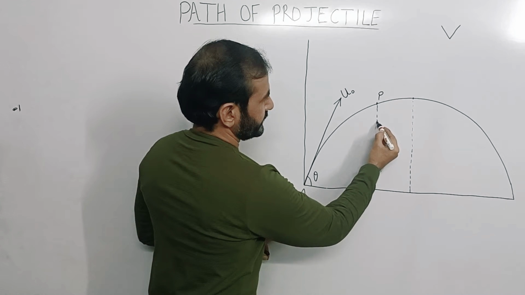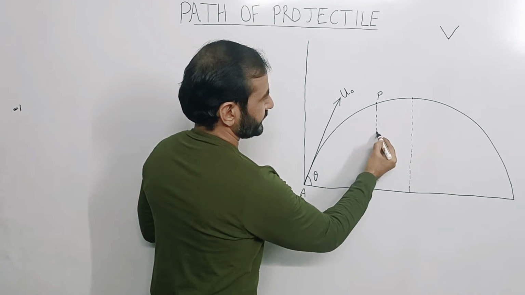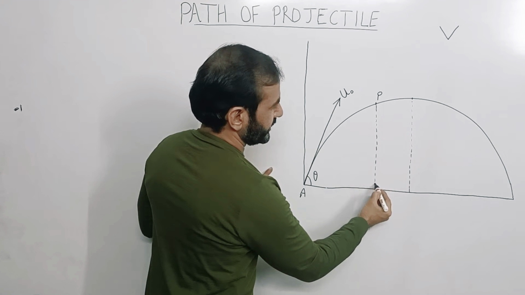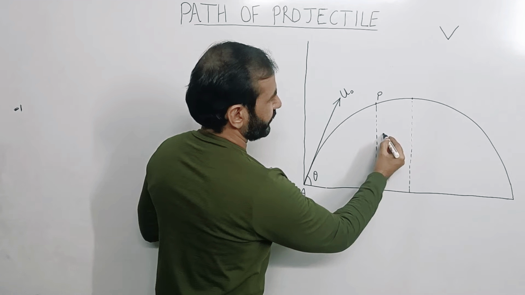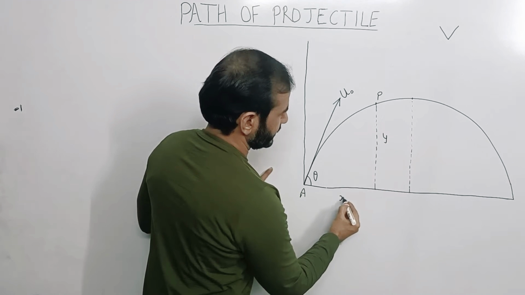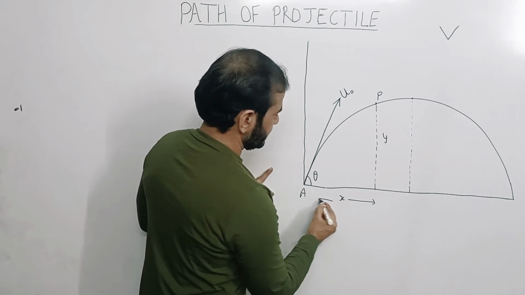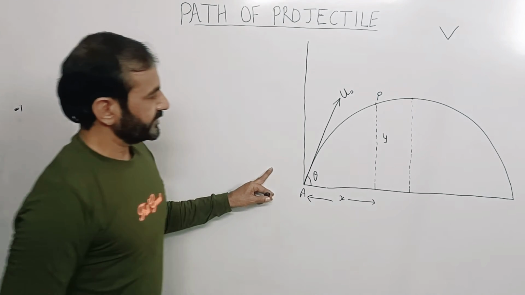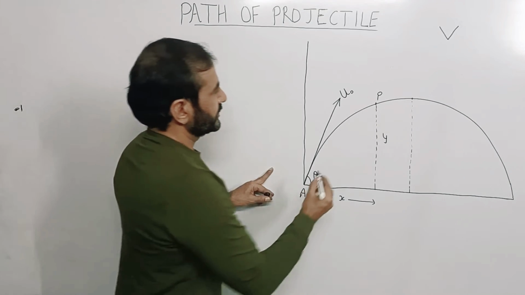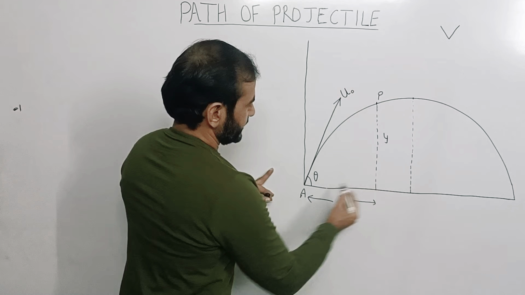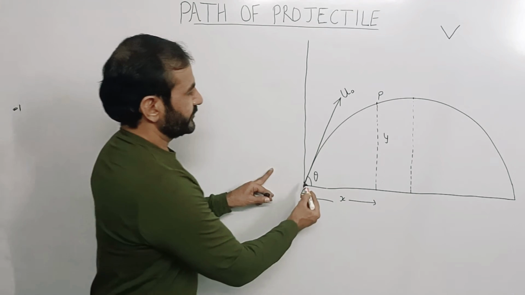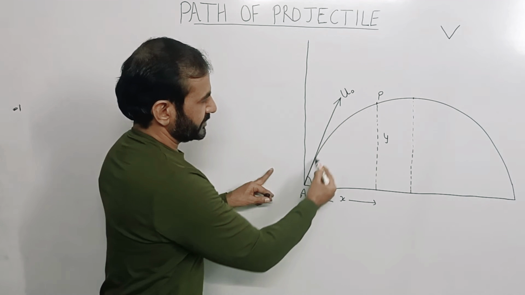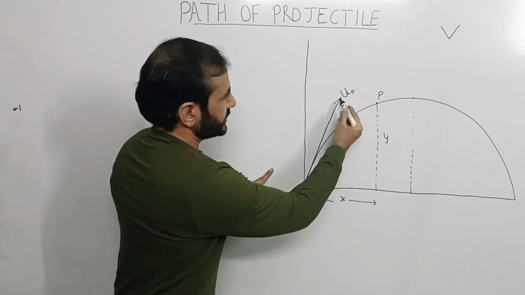You can see that vertical height traversed by the body is y and horizontal distance is x. This is y, this is x. Now this is the velocity, initial velocity u0. We can have its components.